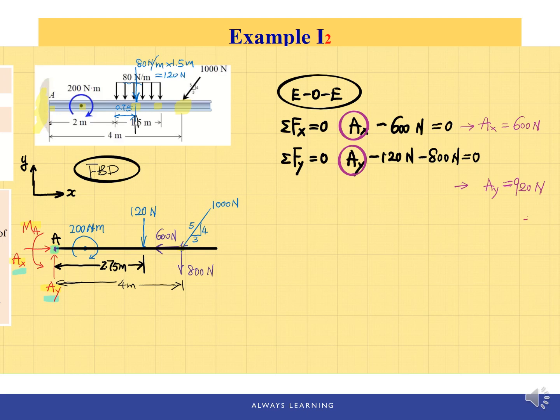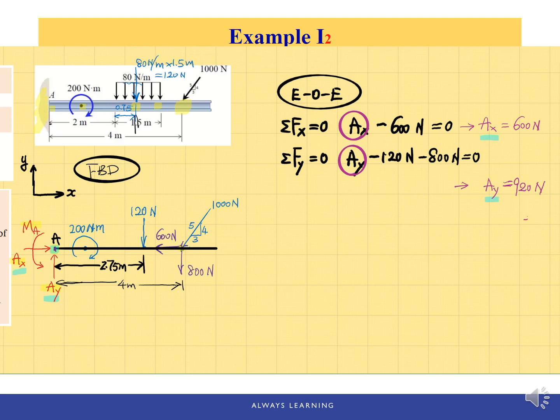So that means even if you made mistakes in your calculations for Ax and Ay, it will not affect your moment equation. So that's kind of the approach or the strategy.